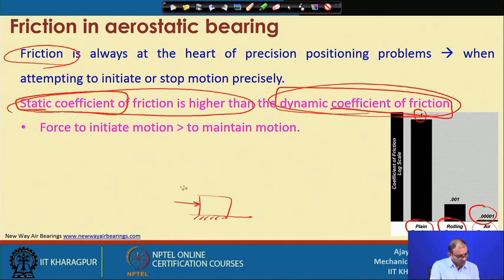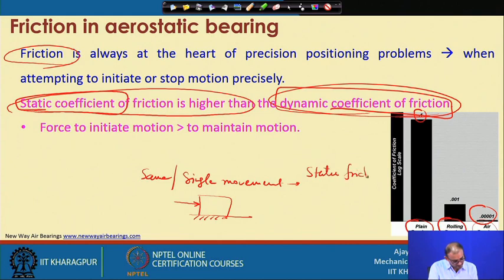Correct. So, because of that, in a single motion, a single movement, or we can say the same movement, we are getting two frictions, that is called static friction and dynamic friction.